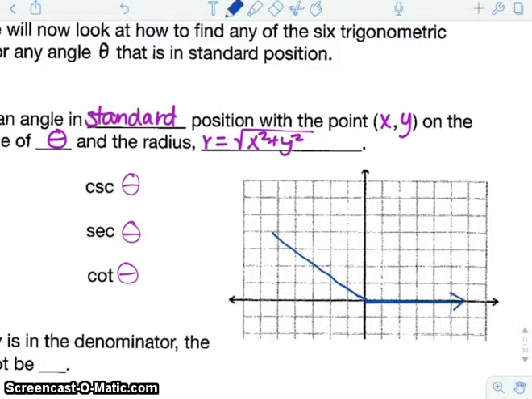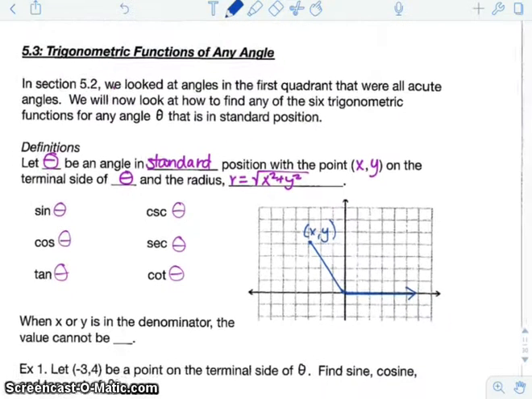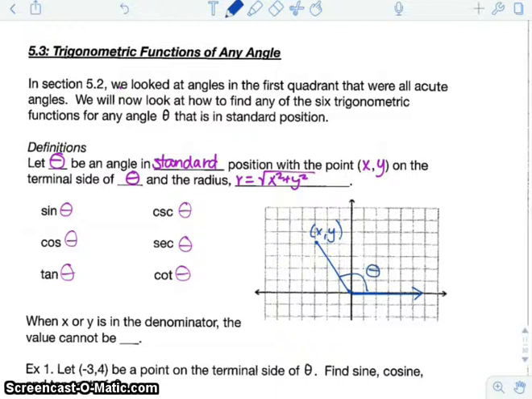On the terminal side lies the point (x, y). That's the terminal side of our angle, and this right here would be theta. Then this length is y, this length is x, and this must be r.